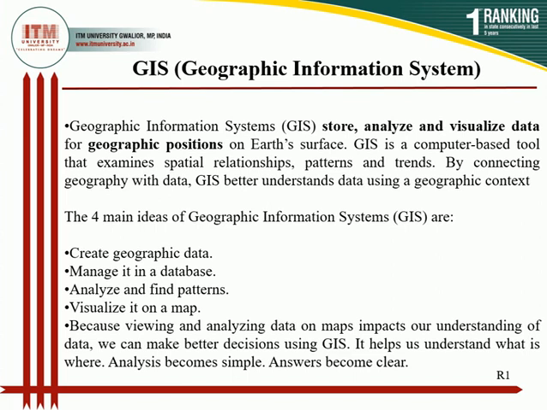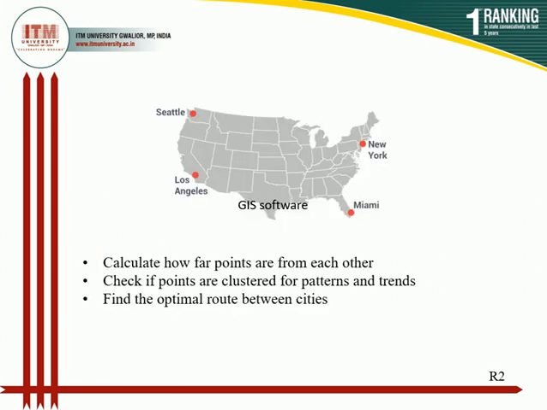Now GIS, let us understand the importance of GIS with this example. Suppose you have data of the latitude and the longitude position of different places in a particular country, like Los Angeles, New York, Miami, you have the coordinate position, the latitude and longitude position.